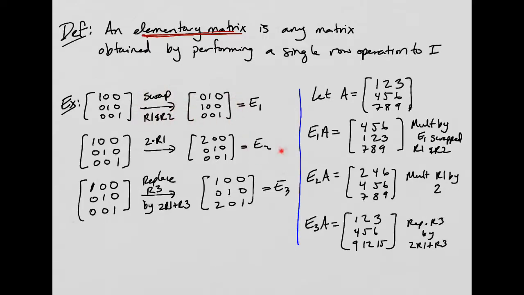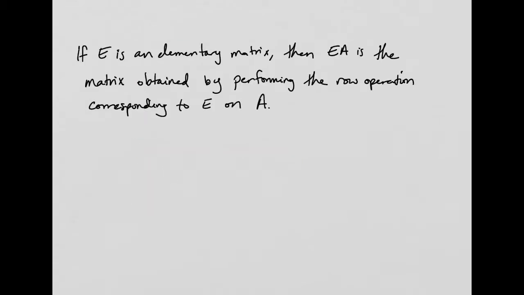So every elementary matrix corresponds to a row operation. And so if I take that elementary matrix and multiply it on the left to some other matrix, A, then this new matrix that I get is obtained by performing that row operation to A. And so that's just a general fact. And this is going to be what we use to prove the algorithm for finding the inverse of a matrix.